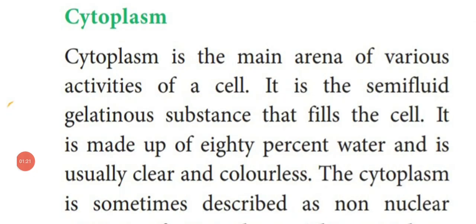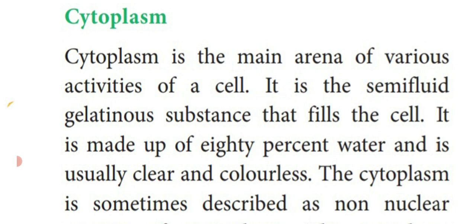Dear students, see the topic cytoplasm. It is an important area in which different activities take place in a cell. The cytoplasm is a semi-fluid gelatinous substance, like sugar syrup or jaggery syrup, that fills the cell region.